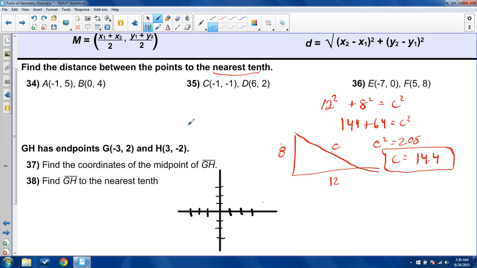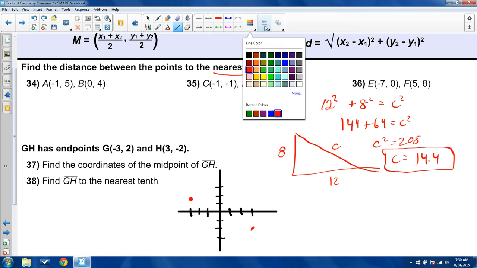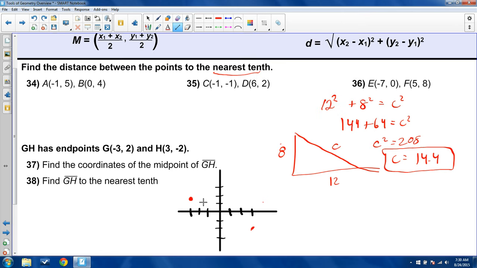If I had these points here, -3, 2, and 3, -2, I want to find the midpoint. So basically, think about the visual representation that I talked about before. What if you had the line, you found the distance in the vertical and horizontal sense, you cut it in half, and then you found the location that way.